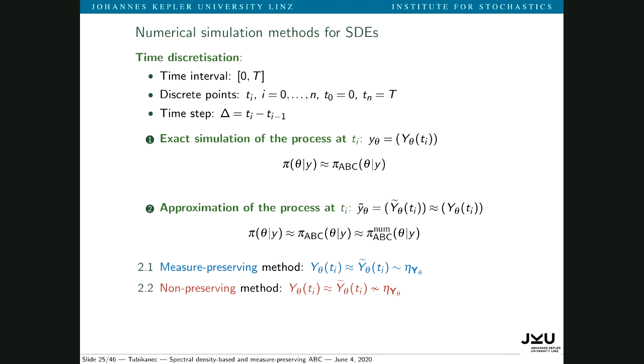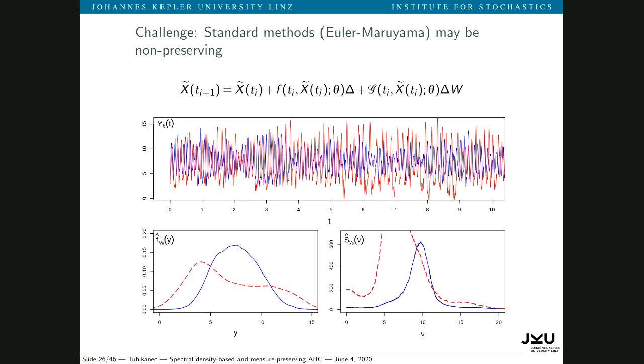Unfortunately, standard numerical methods such as Euler-Maruyama are among the non-preserving ones. For example, what Euler-Maruyama tends to do is to overestimate the second moment of oscillatory models, resulting in data sets with larger amplitudes.